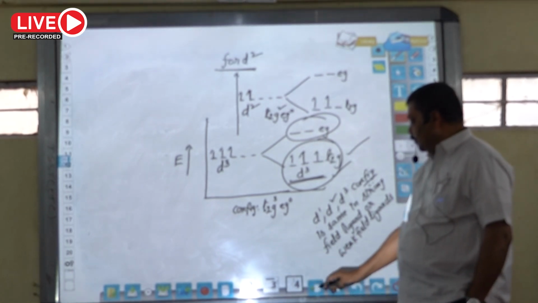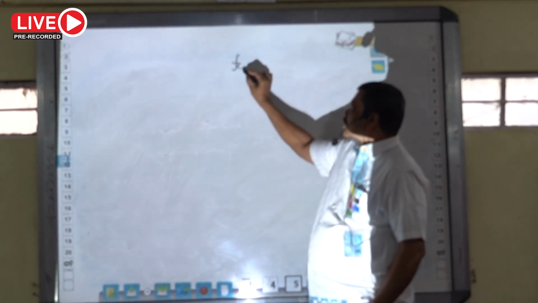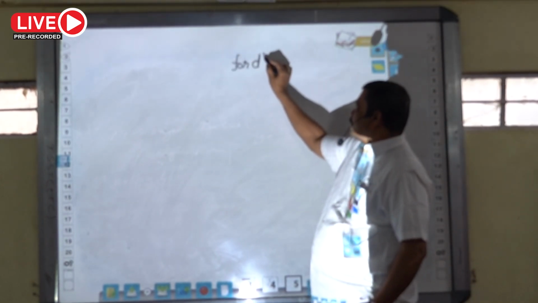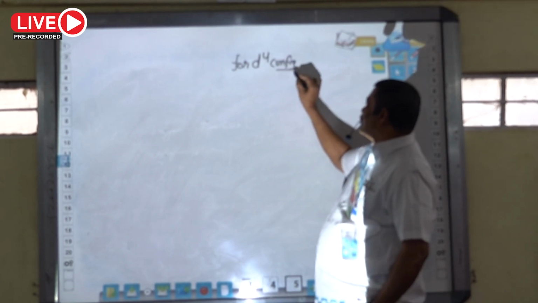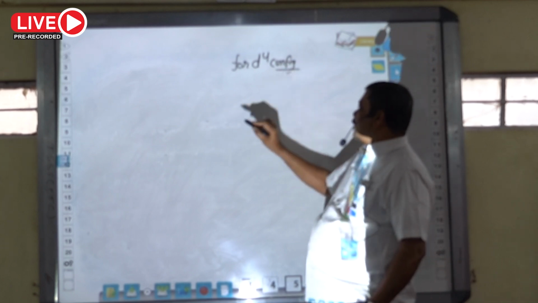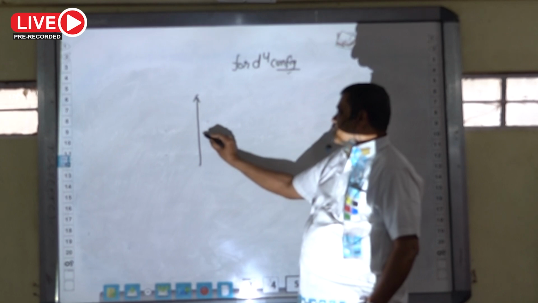But if you look at d4 configuration, it depends on how the d orbitals split.